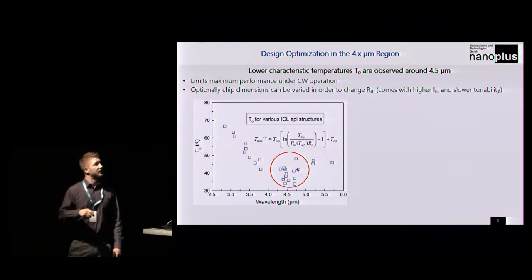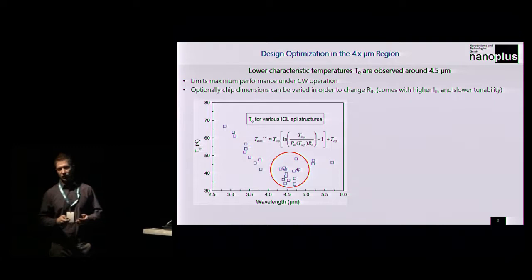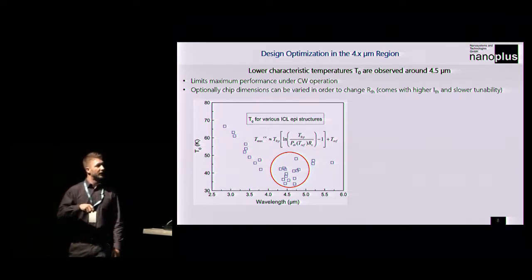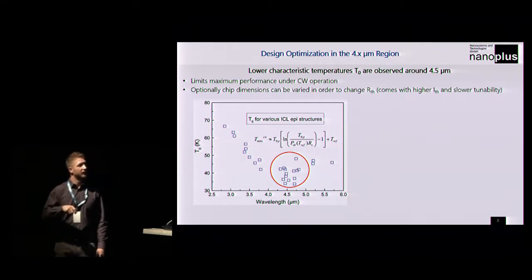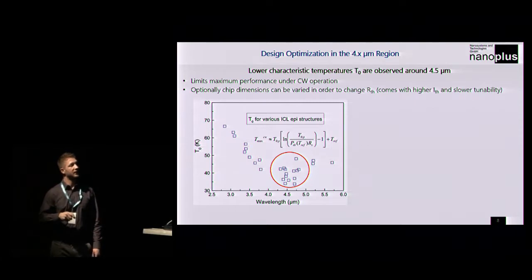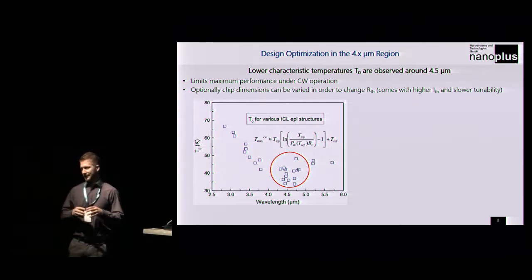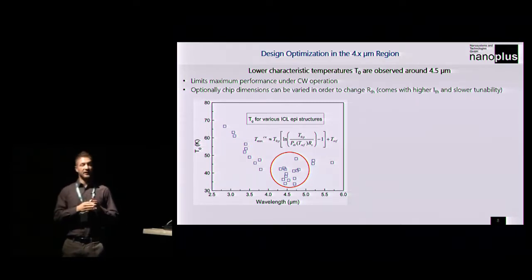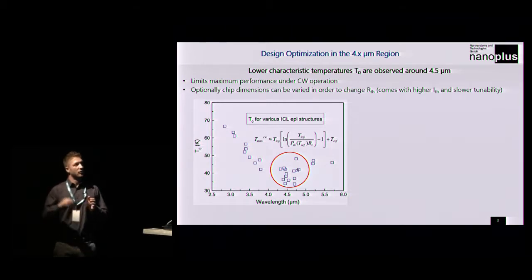This specifically, I want to talk about the region that I've talked about before, the 4 point something micron region. And what we realized when we were fabricating lasers from, let's say, 3 to 6 micron is that you have a drop in the characteristic temperature, which describes the increase of the threshold current with temperature.